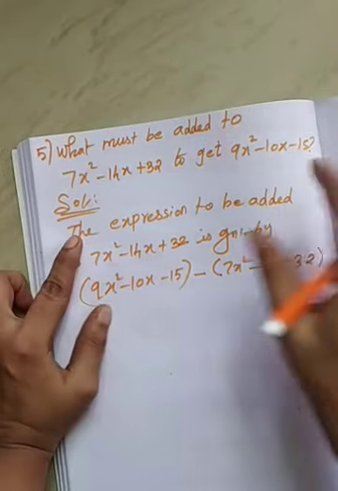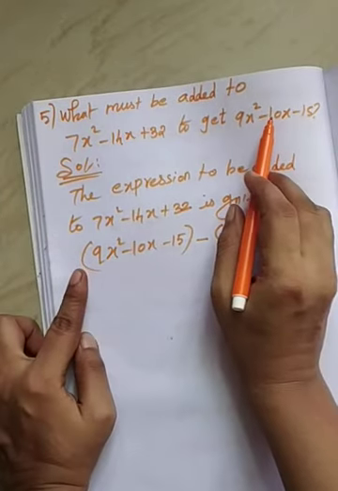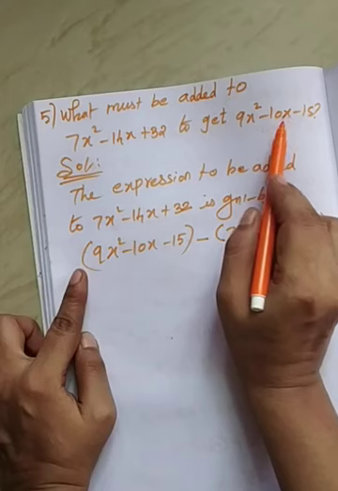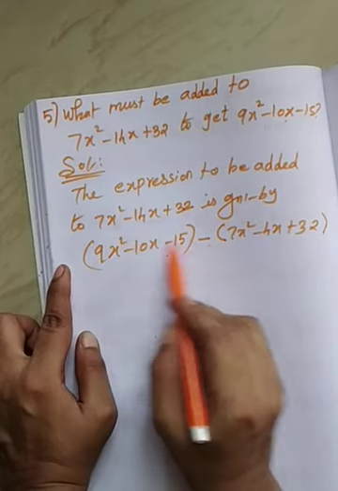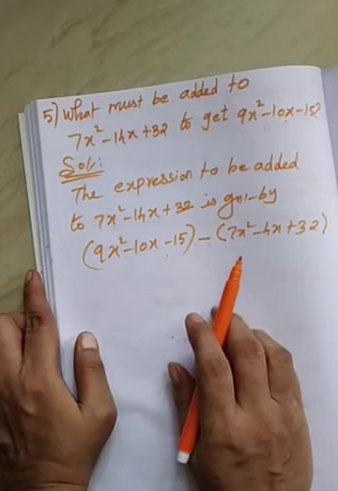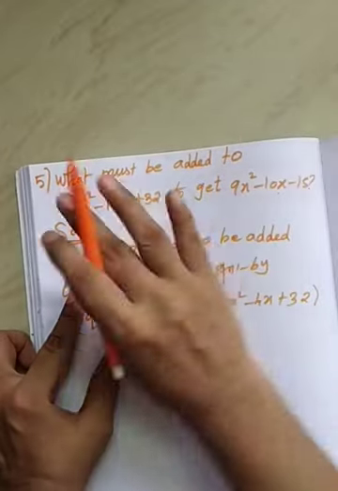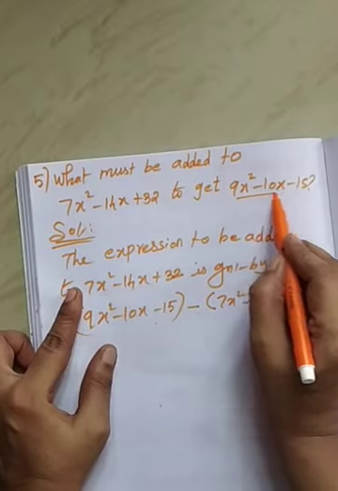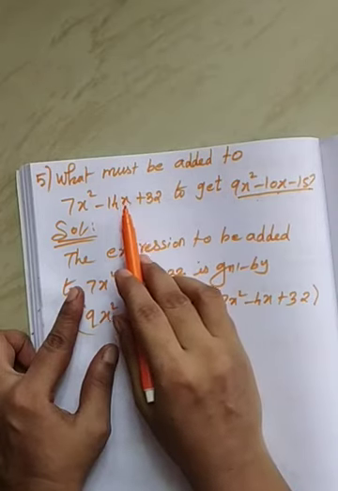See, first you have to write the 9x squared minus 10x minus 15 and then put minus in this expression. Okay, one term is this. You have to find the another term.